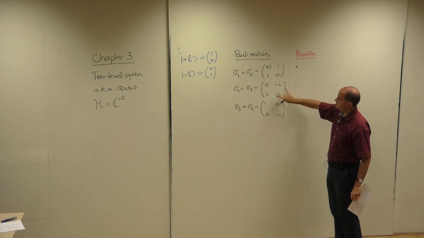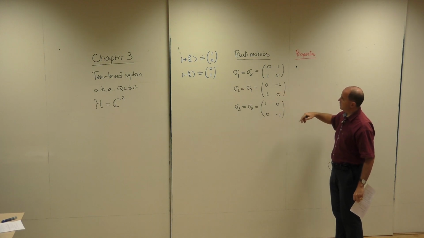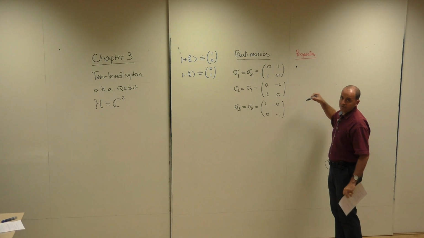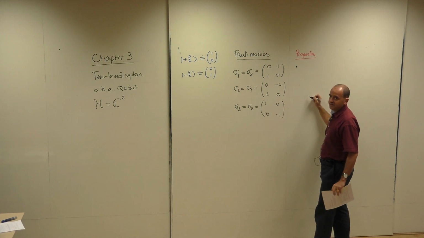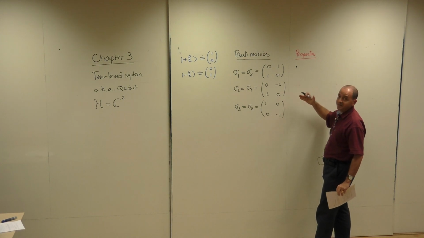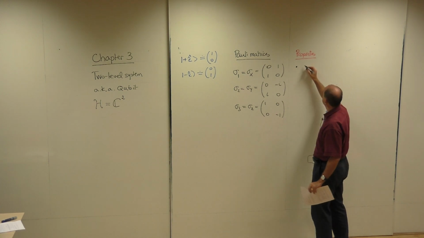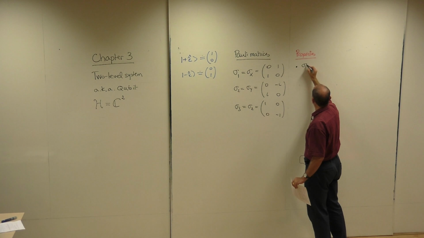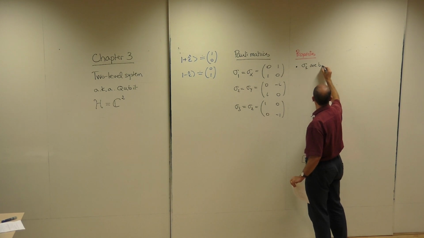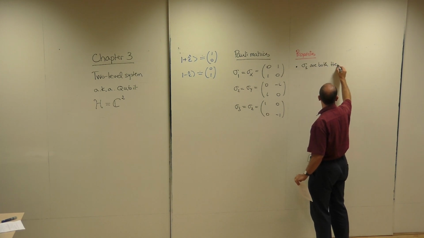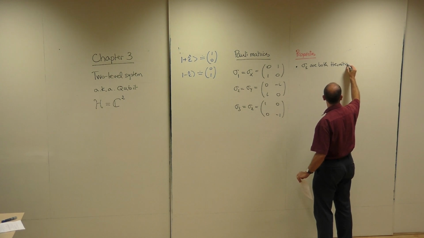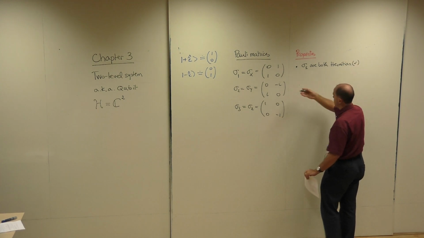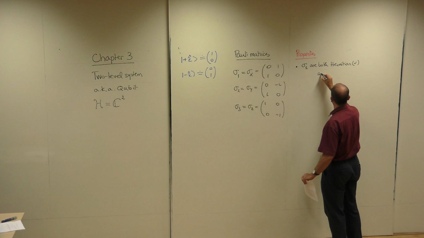They are Hermitian because they are equal to their conjugate transpose, and they are unitary. This you can check rather easily by checking that multiplying them by their adjoint gives the identity. So the sigma k are both Hermitian, let's say this is evident, just look at them, and unitary.